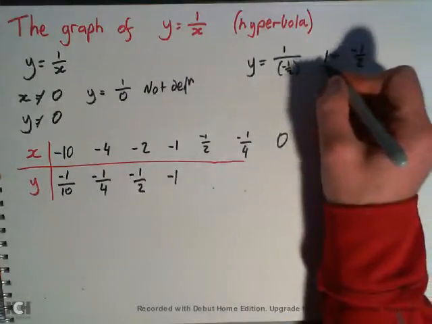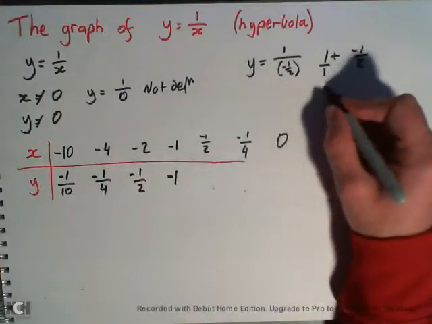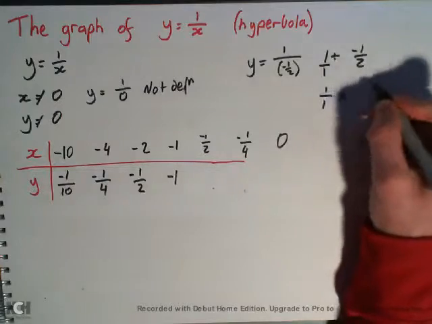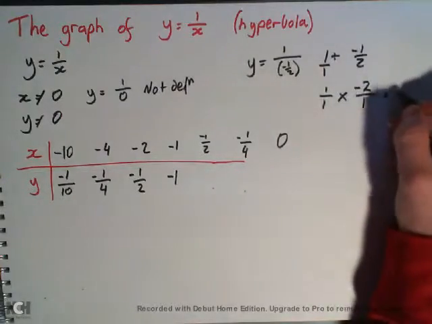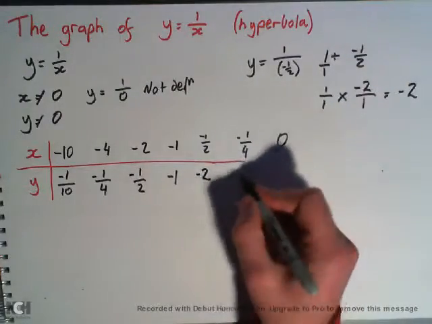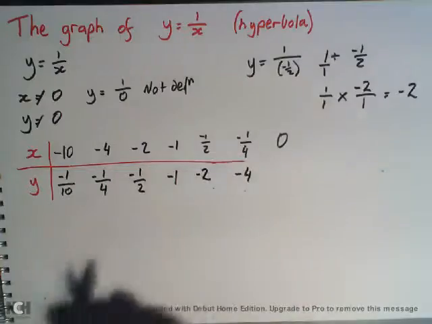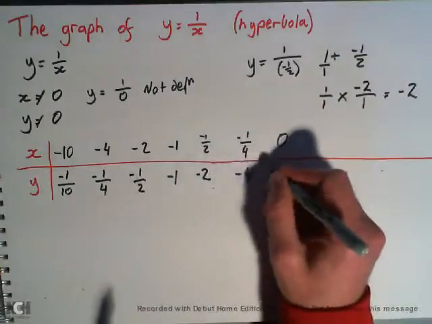Making them into fractions, multiply and flip, so that's equal to minus 2. Same thing for minus a quarter, we'll have minus 4, and when we get to 0, 1 over 0 is not defined.